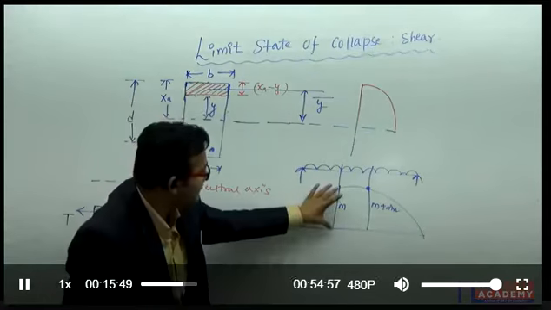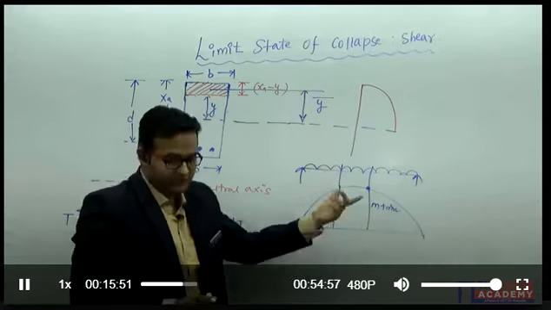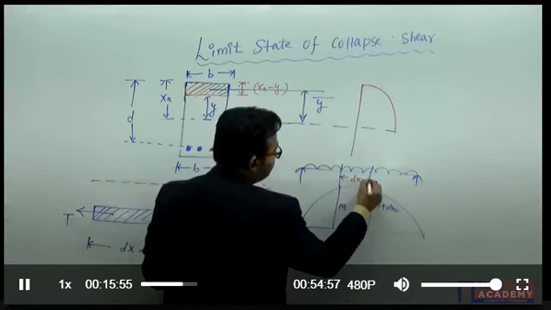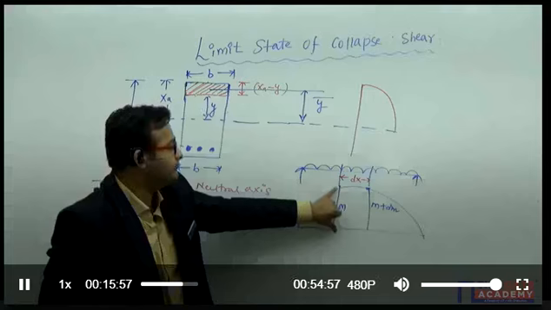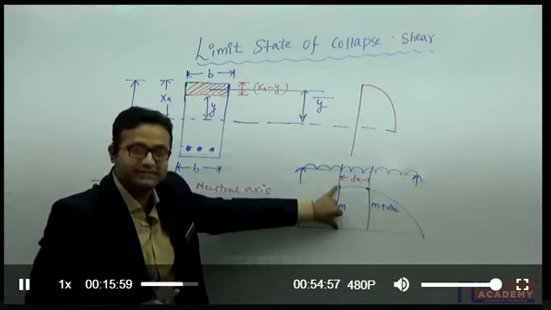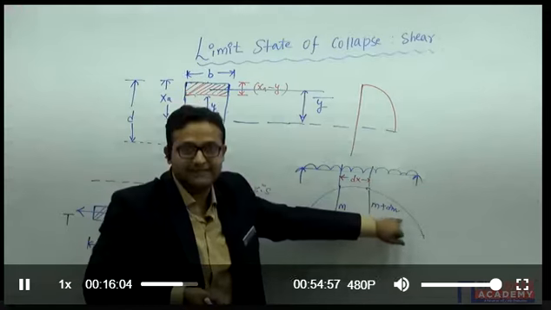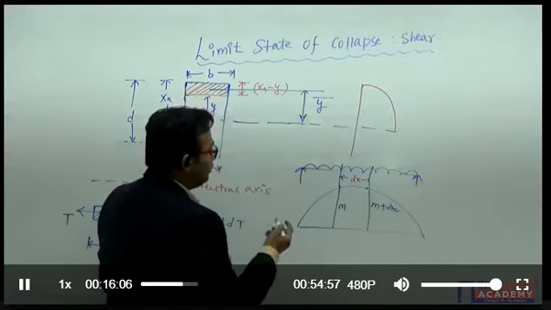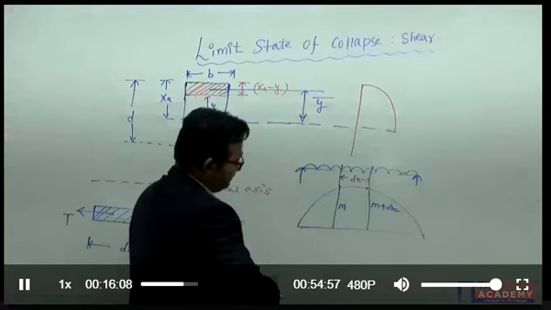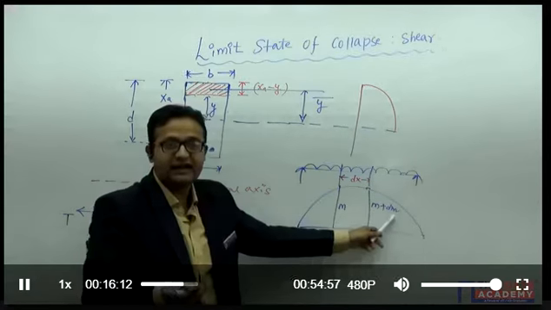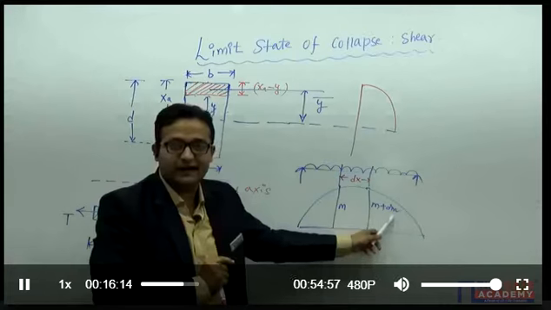I have taken this section of distance dx, the bending moment at this location is M, and here a little bit higher, M plus dM, and I know due to this additional bending moment dM, definitely additional tensile forces will be there.